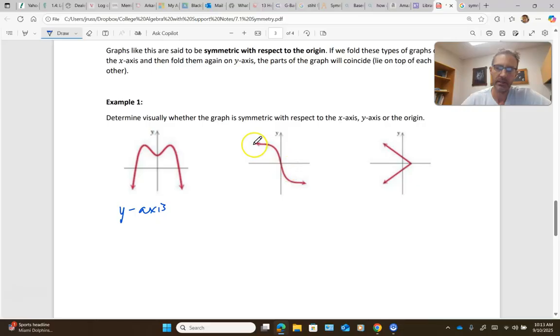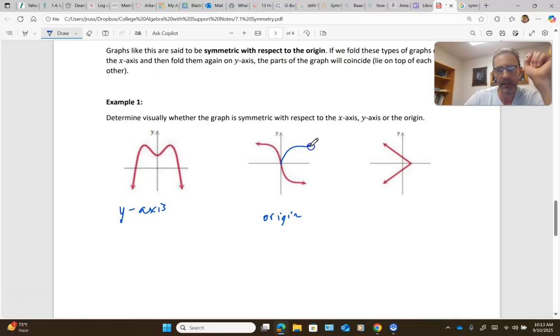Now, what about this next one? This one is exhibiting origin symmetry. The reason is because it has both x and y, or it doesn't have both x and y symmetry. It does in a sense. If you take this left-hand piece, let's say we rotate it about the y-axis first, then it would end up over here.